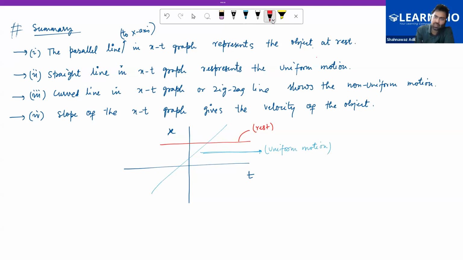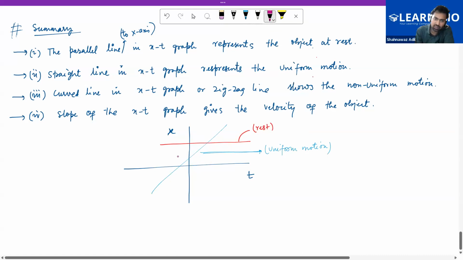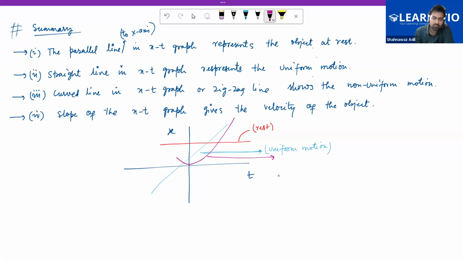And if somebody draws a graph like this, something like this, what kind of graph is this one? Non-uniform, because this is not a straight line. So this is the summary of this xt graph.